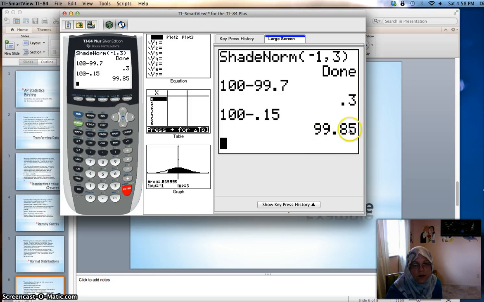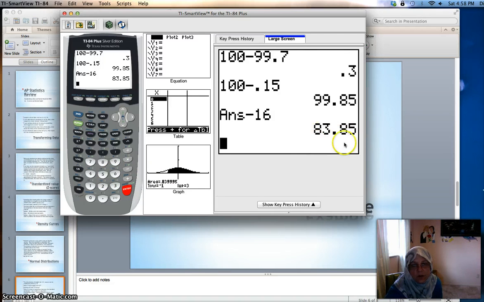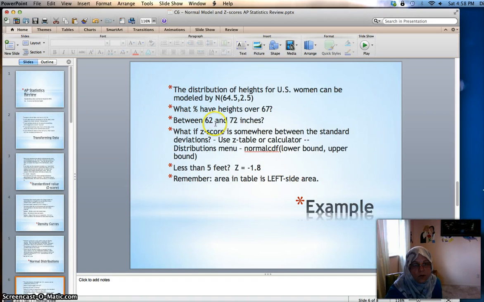So 99.85, and then the other one was at 16, so that shaded area is about 83.8 something percent of the curve. So about 83-84% of women have heights between 62 and 72 inches.